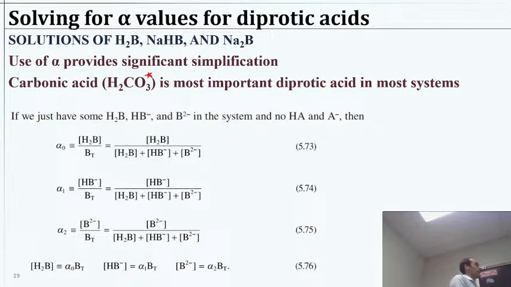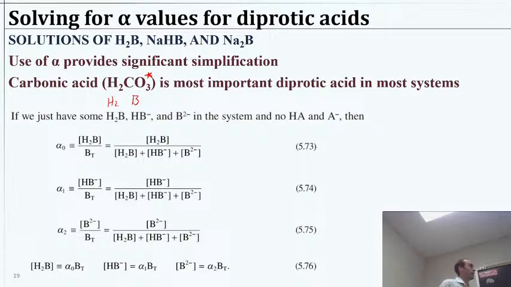We're just going to call it, in this case, H2B, because that carbonate would be the B, and the H2 would be H2, right? So that form here is a diprotic acid. So in this case, if we have some H2CO3 or H2B, then we also are going to have some HB minus and some B2 minus.